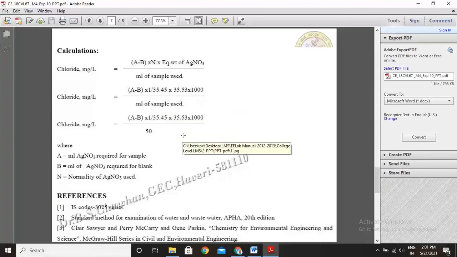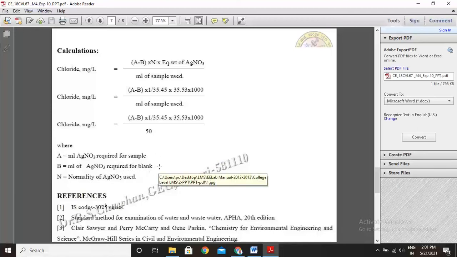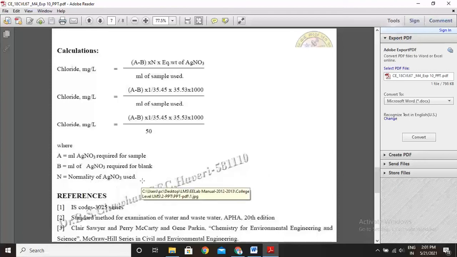Now we get chloride in milligram per liter. Where A is ml of silver nitrate required for sample, B is ml of silver nitrate required for blank, that is distilled water, and N is the normality of silver nitrate used. This is the clear explanation of how to do the calculations.